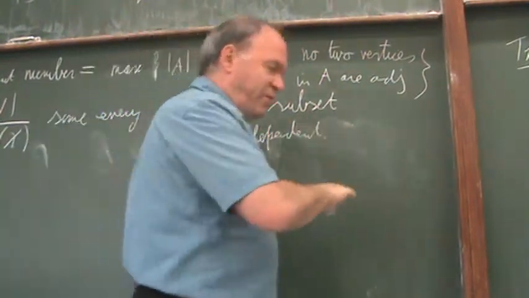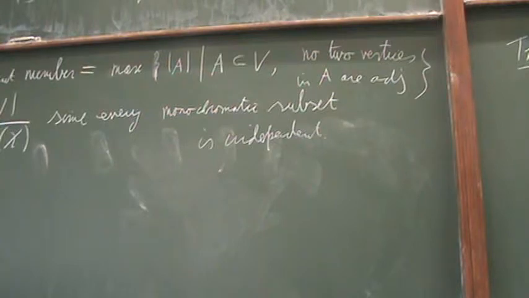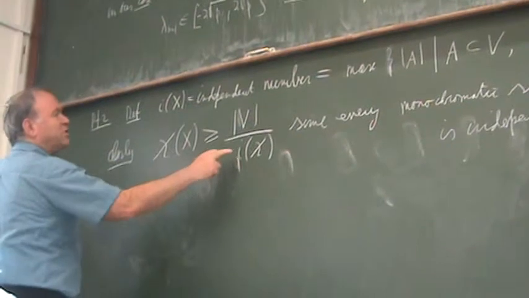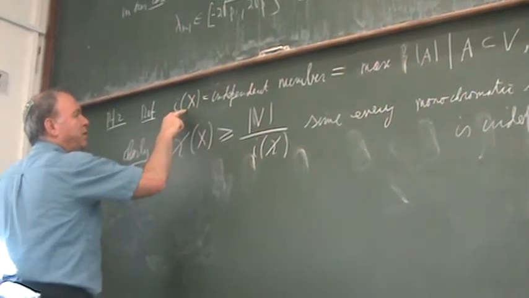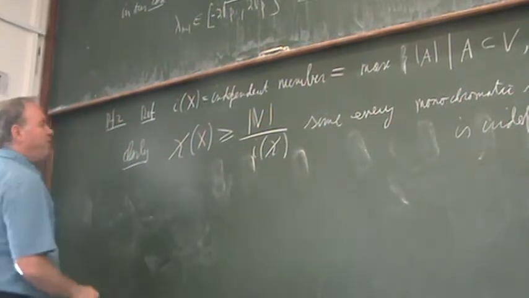Right? If I do have some coloring of the graph with the right number of colors, which is the chromatic number, then every color class is independent, and therefore its size is at most I of X, and therefore the chromatic number is at least V over this.